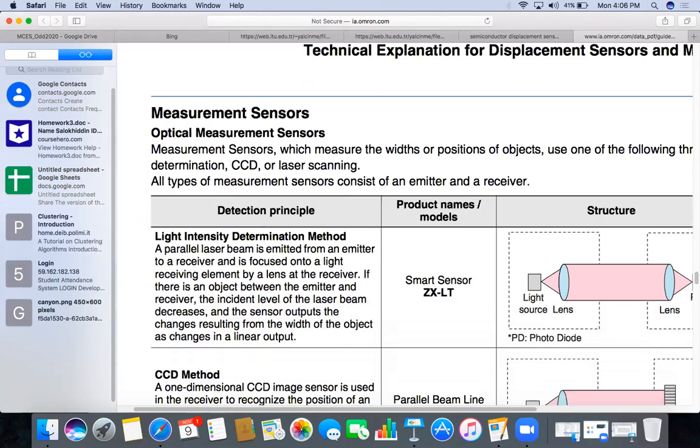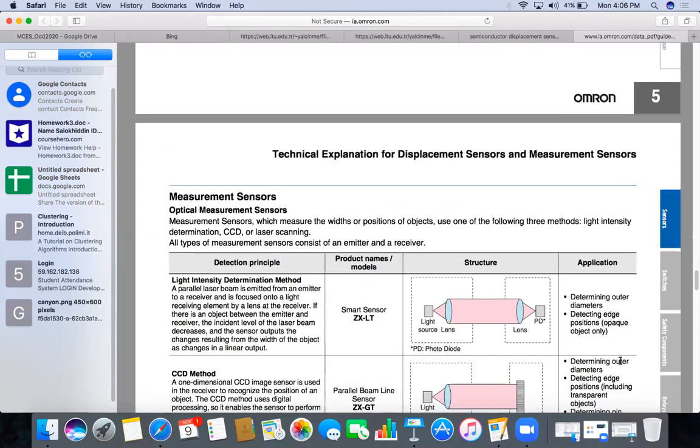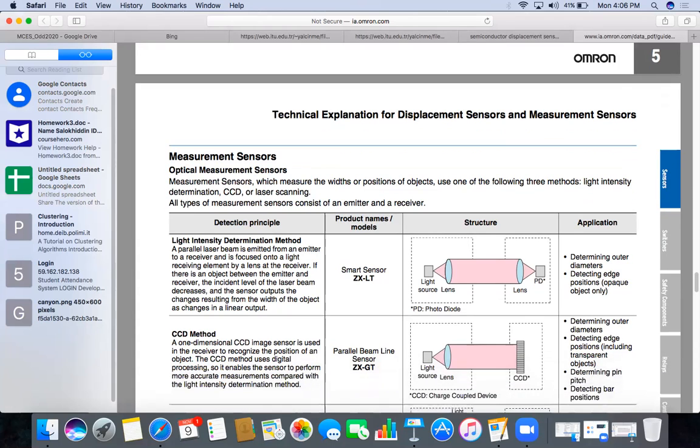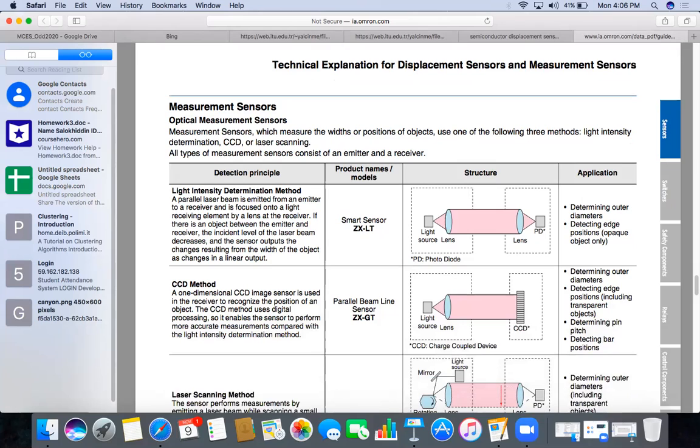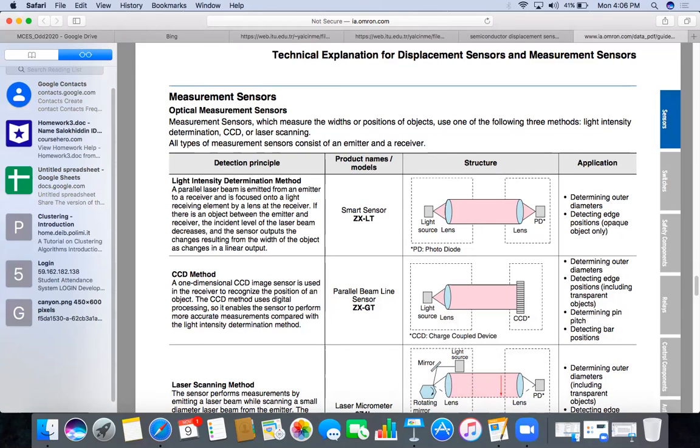Measurement sensor, optical measurement sensor which measure the width and position of object. Use one of the following three methods: light intensity determination, CCD, or laser scanning. Light intensity determining method, its structure, application, determining outer diameter, determining edge position.